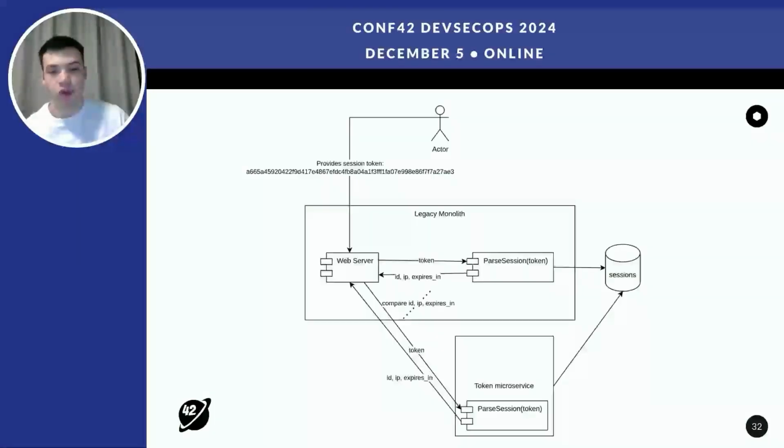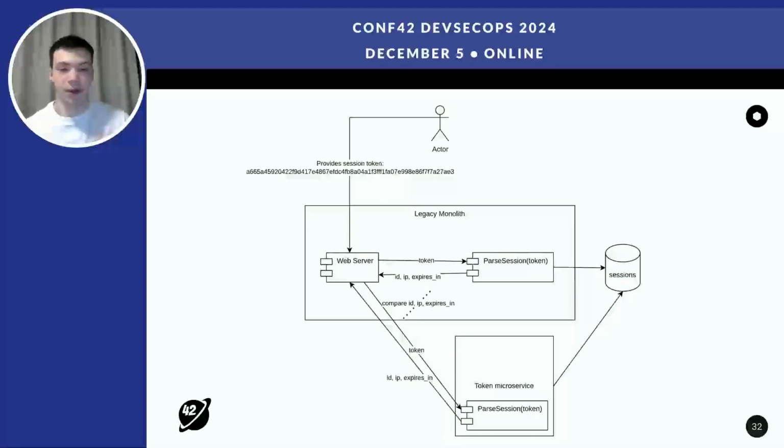We want to migrate gradually. So the first thing we do is create a new microservice, let's call it the token microservice, and we just copy our parse function. And we send two requests simultaneously, one to the monolith version of this function and the other to the microservice version of this function.